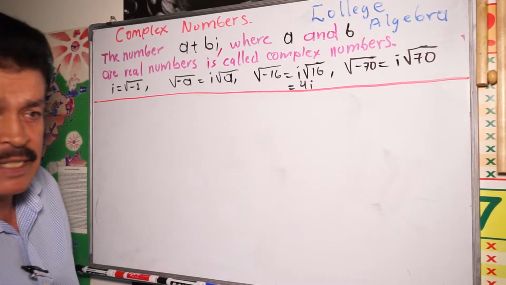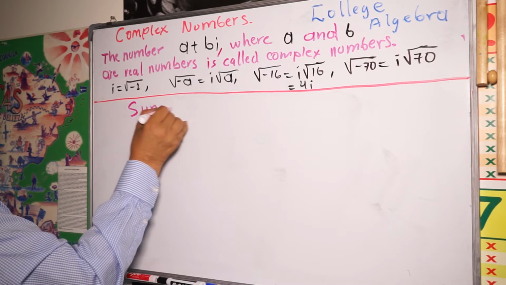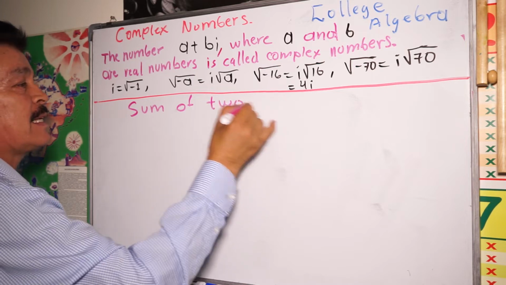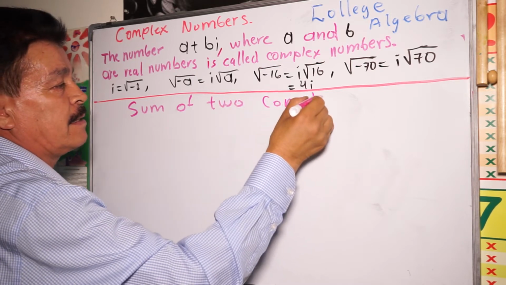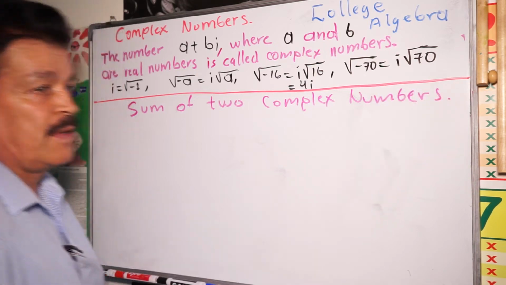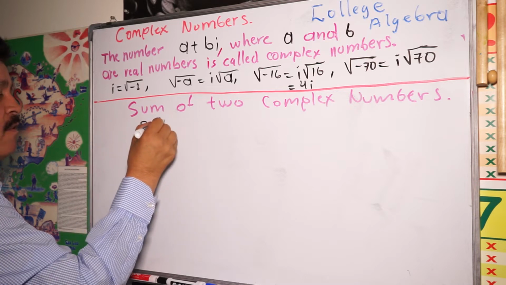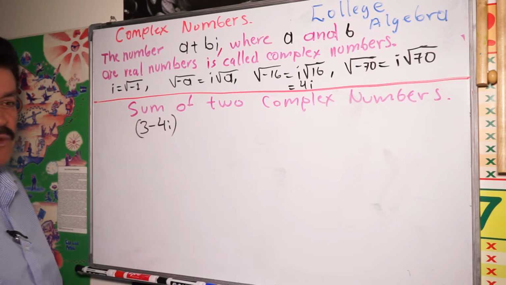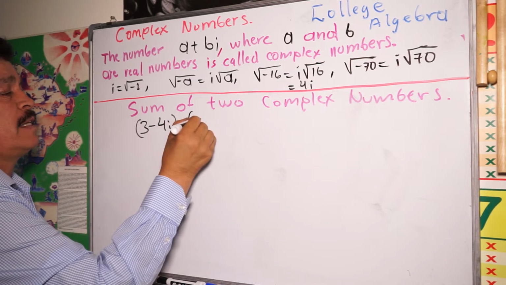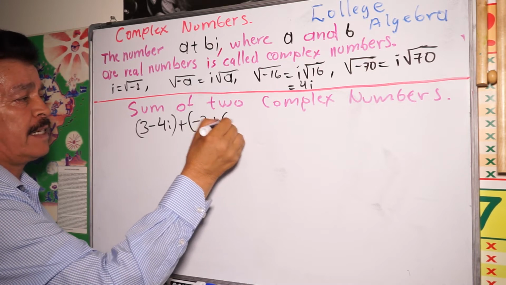The sum of two complex numbers. I'm going to explain the sum of two complex numbers. All right, we have 3 minus 4i plus, let's say, minus 2 plus 6i, right?